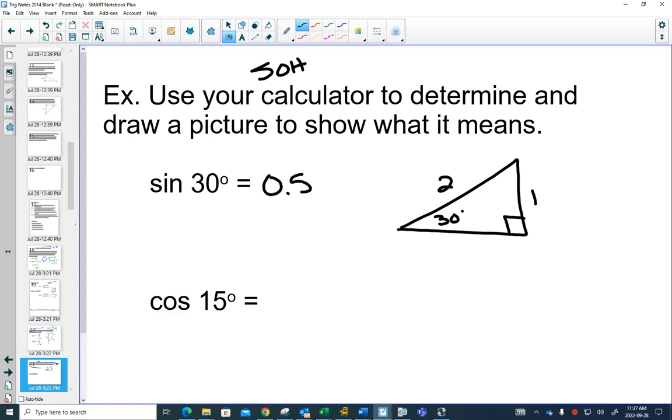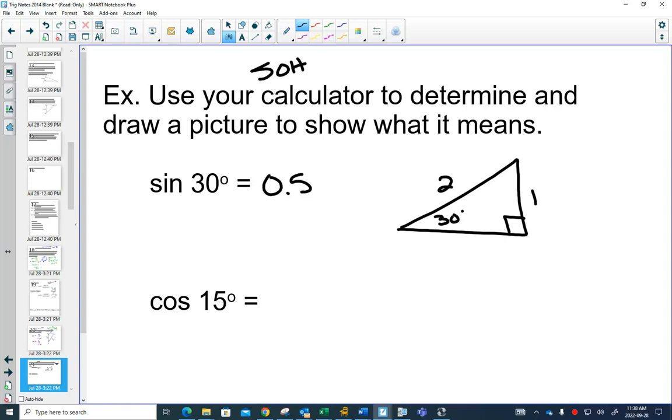You could use 10 and 20. As long as the opposite, when you divide it by the hypotenuse, you get a half. It doesn't matter how big or how small your triangle is. That will always work if it's 30 degrees. The 0.5 told us that this side divided by this side always is a half.